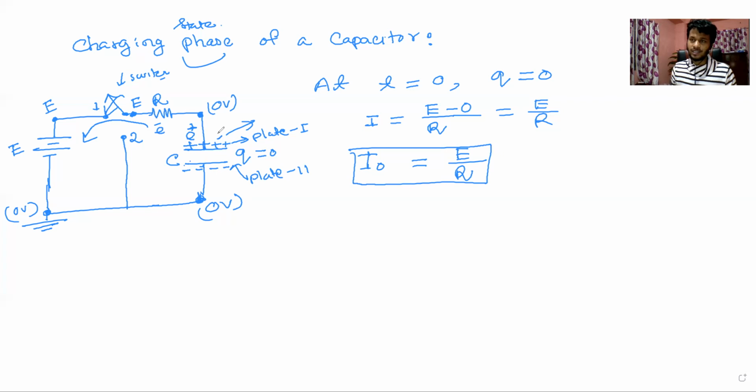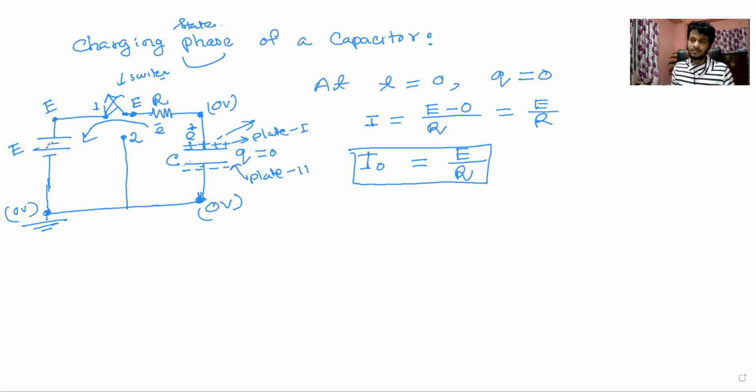Initially this capacitor has no potential. At time t equals 0, the capacitor has no potential. And at that time the potential across this battery was E volt, isn't it? And we know that charge always flows from one terminal to another if there is a potential difference.